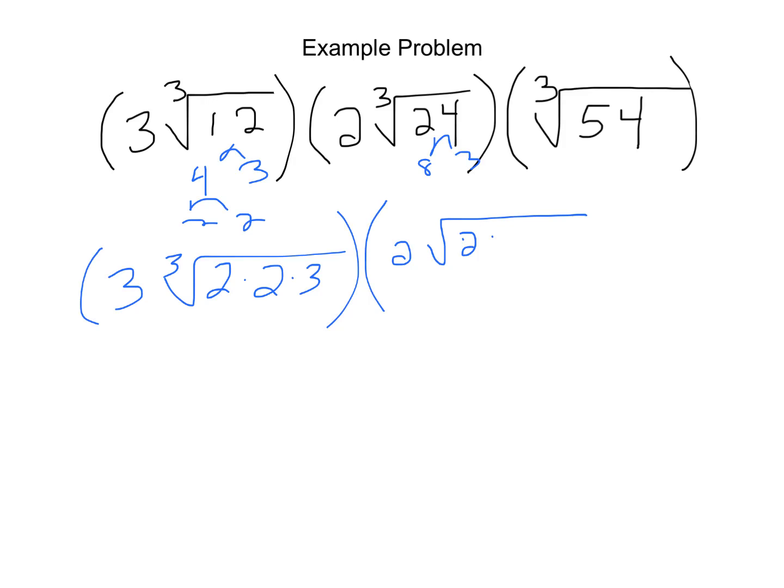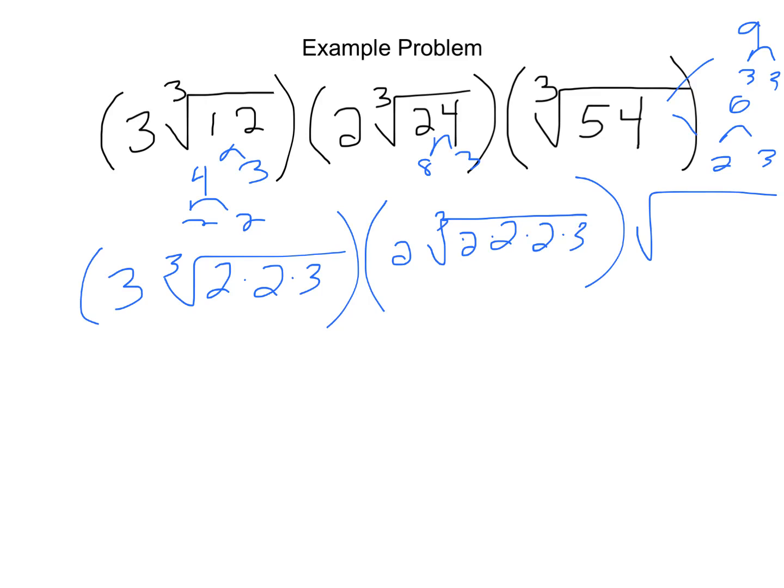So 2 times 2 times 2 times 3. And 54 is 9 times 6. 6 is 2 and 3. 9 is 3 and 3. So we have, forgot the index here, cube root. So we have cube root of 1 2, and we have 3 3s.